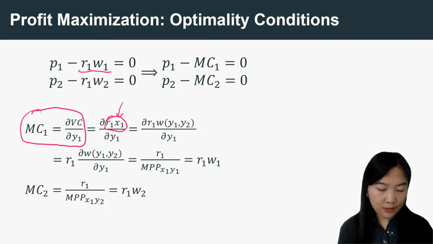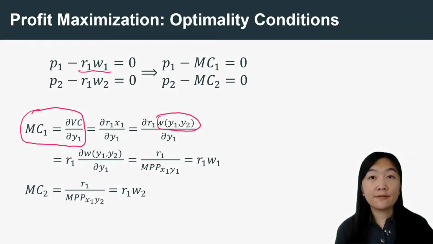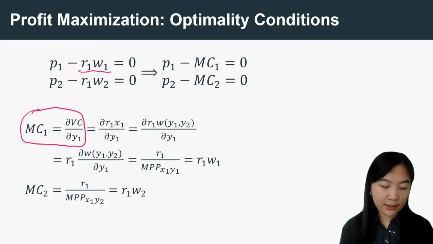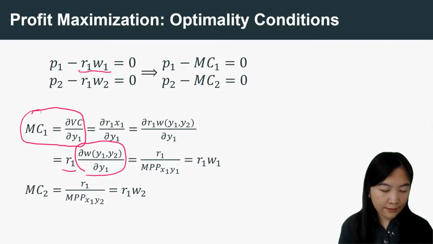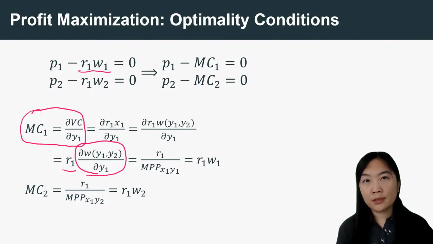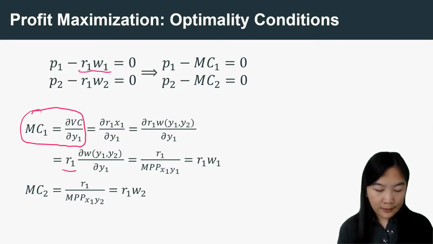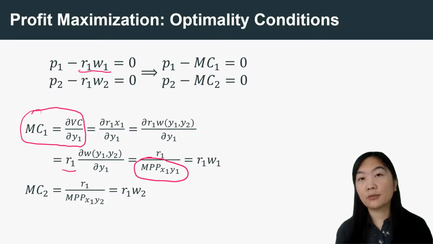And this X1 we can replace with the product transformation function. When we're taking a derivative, we can pull this R1 out because it's a constant. Once we pull this R1 out, what is the partial derivative of the product transformation function with respect to Y1? We know what that is. That is 1 over MPP x1 y1.